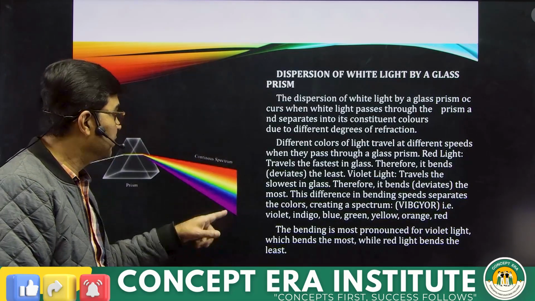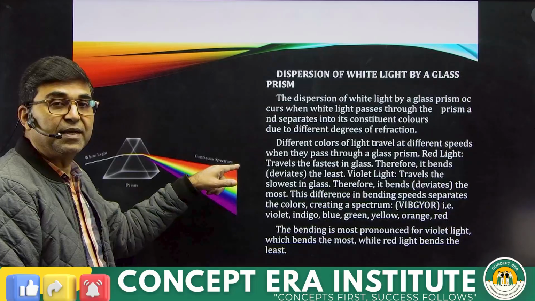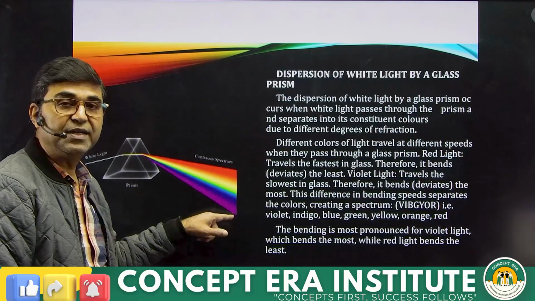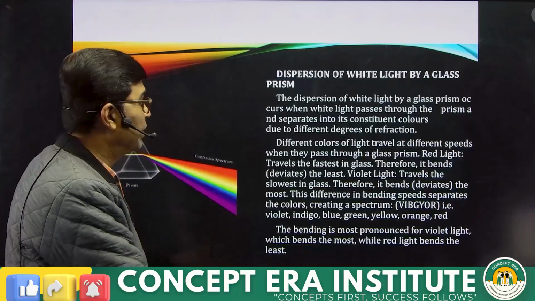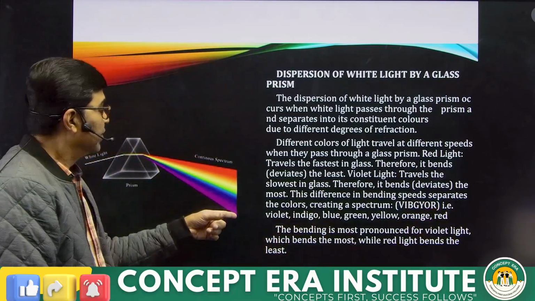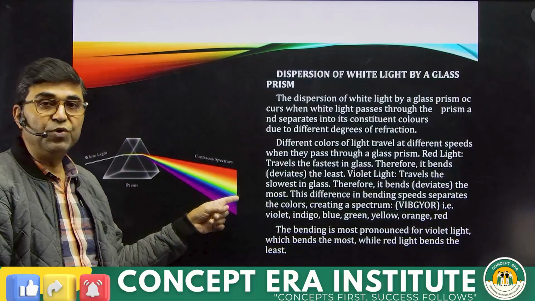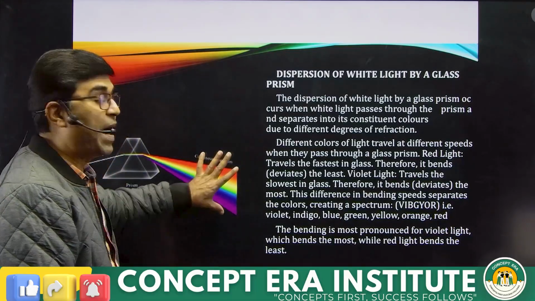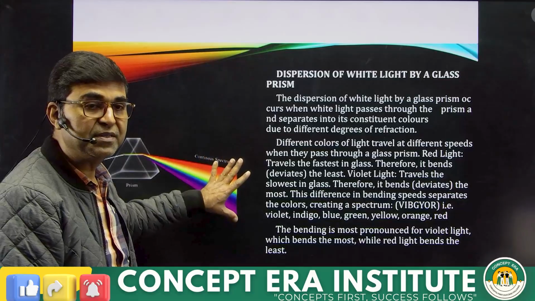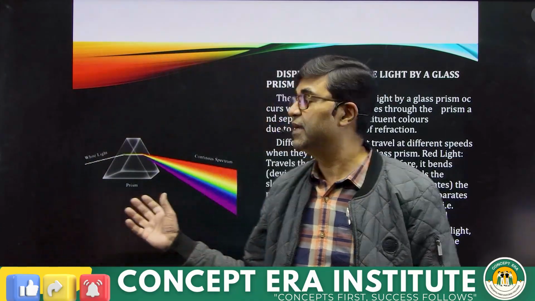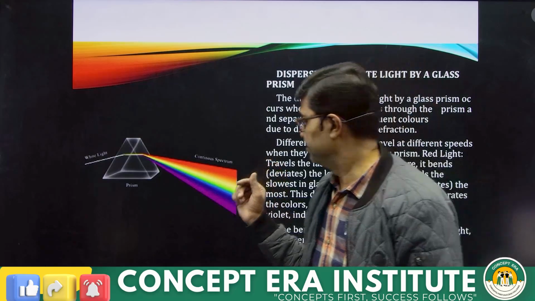Also called a rainbow because the topmost color is red and the bottommost color is violet. VIBGYOR. Violet, indigo, blue, green, yellow, orange, red. This band of 7 colors that appears when the white light splits into its constituent colors is called a spectrum.